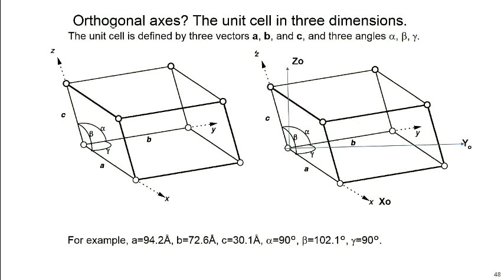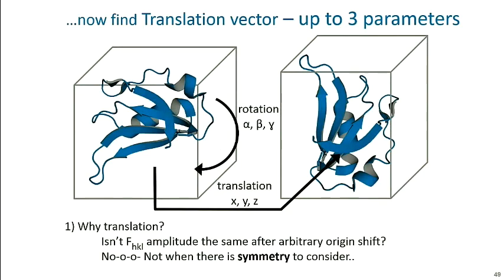And here's a picture which I tried to draw. We have a unit cell with different length axes and different angles, and we usually define the X ortho along the A-axis, the Z ortho perpendicular to AB, and the Y ortho in the AB plane. So it doesn't matter very much, but there you are.